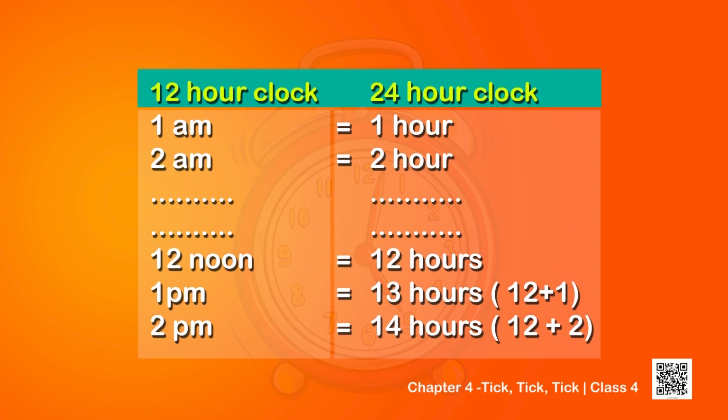To convert time from 12-hour clock to 24-hour clock, we need to add 12 to the time represented in PM, and the time in AM will be the same in both the clocks.